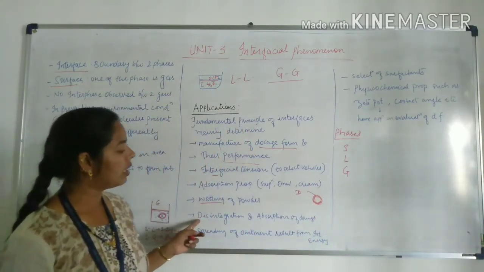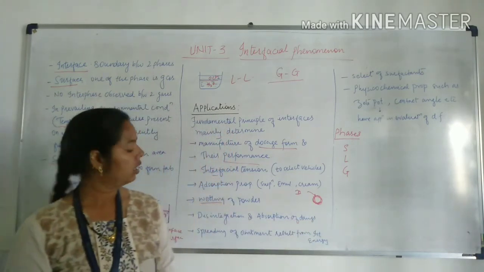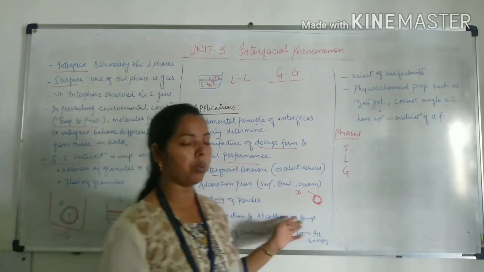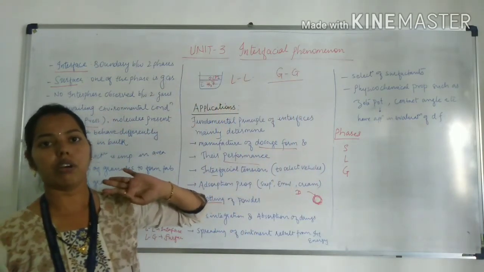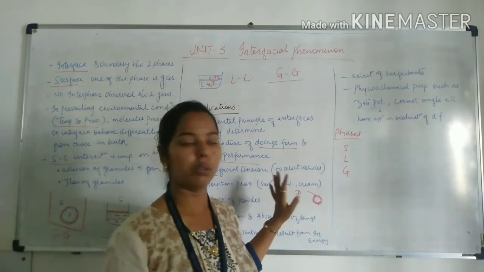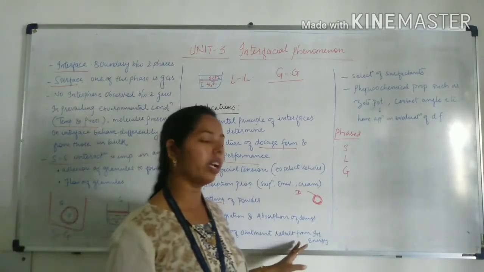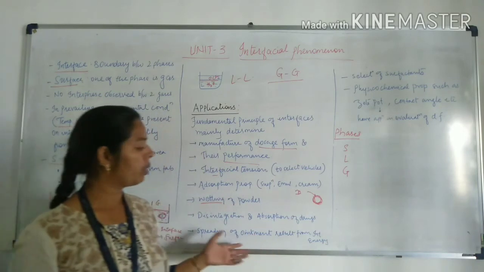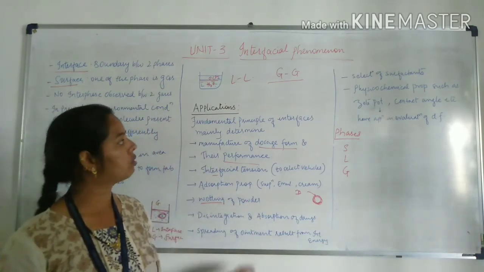After that, disintegration and absorption of drug. Again, this disintegration and absorption of drug would be affected because of the interfacial properties of the solid substance in the formulation. Then spreading of the ointment, again this is the result of the interfacial energy of the compounds.